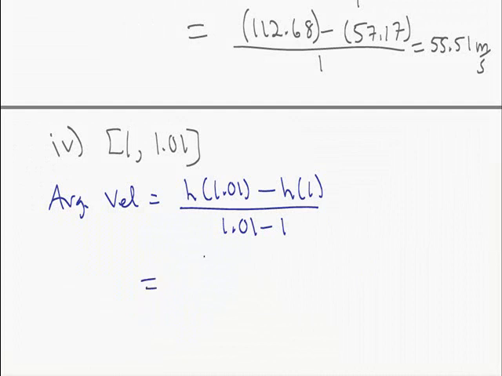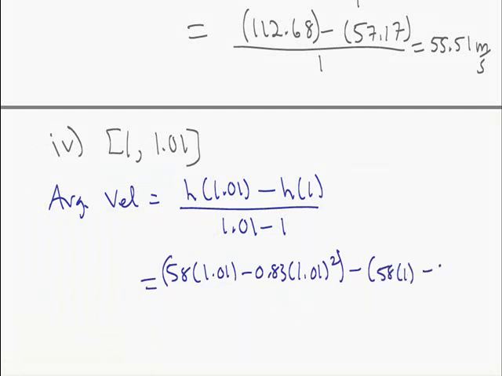So we have h of 1.01, and that's going to be 58 times 1.01 minus 0.83 times 1.01 quantity squared, minus, well, we put 1 into the function, 58 times 1 minus 0.83 times 1 squared. All of that divided by, again, 0.01, the difference in our time interval.